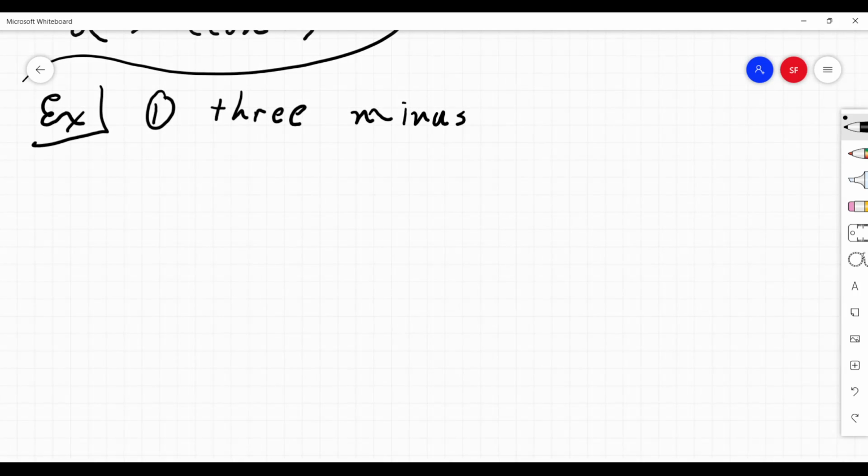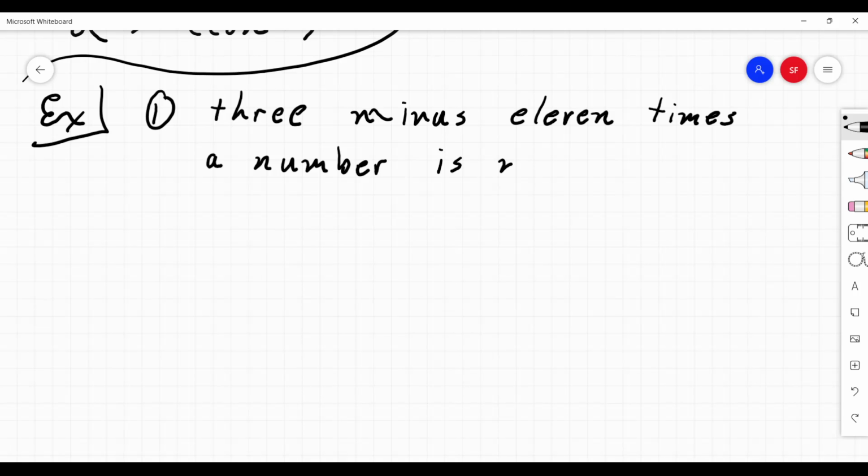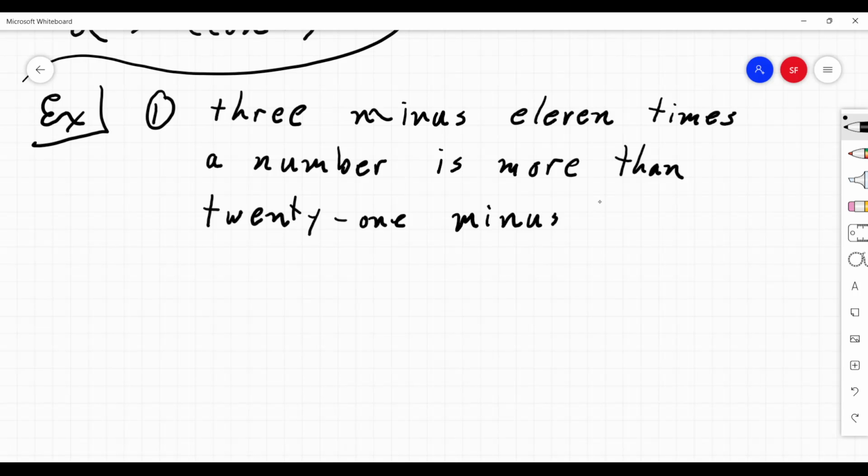3 minus 11 times a number is more than 21 minus 5 times the number.